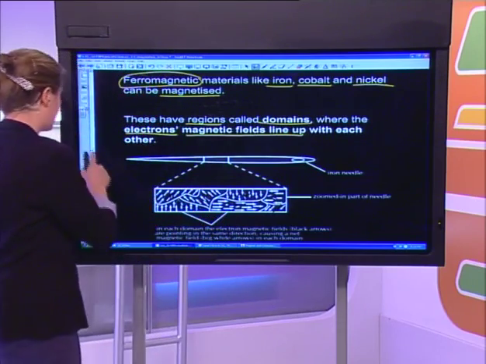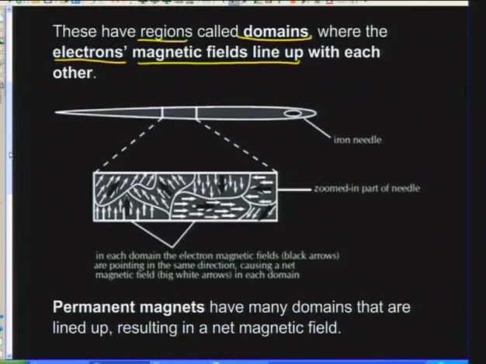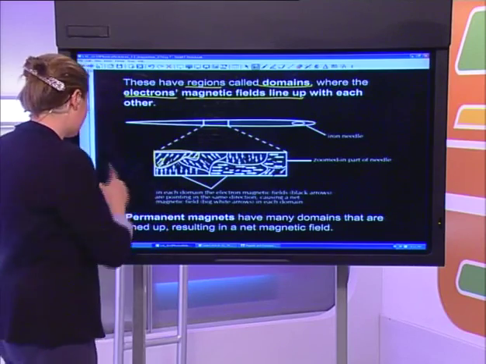So have a look at this picture. What we've got is an iron needle, like a needle that you could sew with. It's iron, and it's got these domains, and I'm just highlighting one of them there, where all those magnetic fields point in the same direction. And those ones at the bottom all point in the same direction. In each domain, the electrons' magnetic fields are pointing in the same direction, causing an overall net magnetic field.